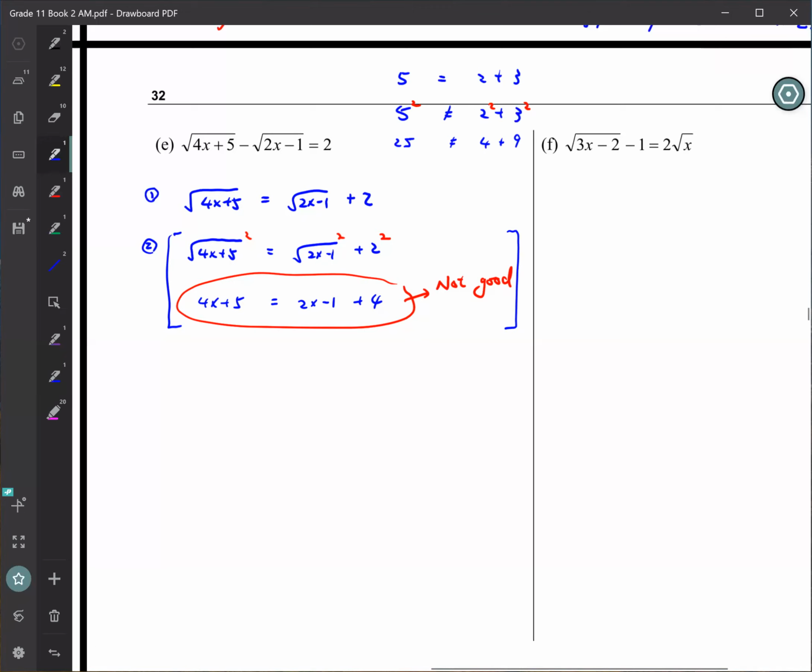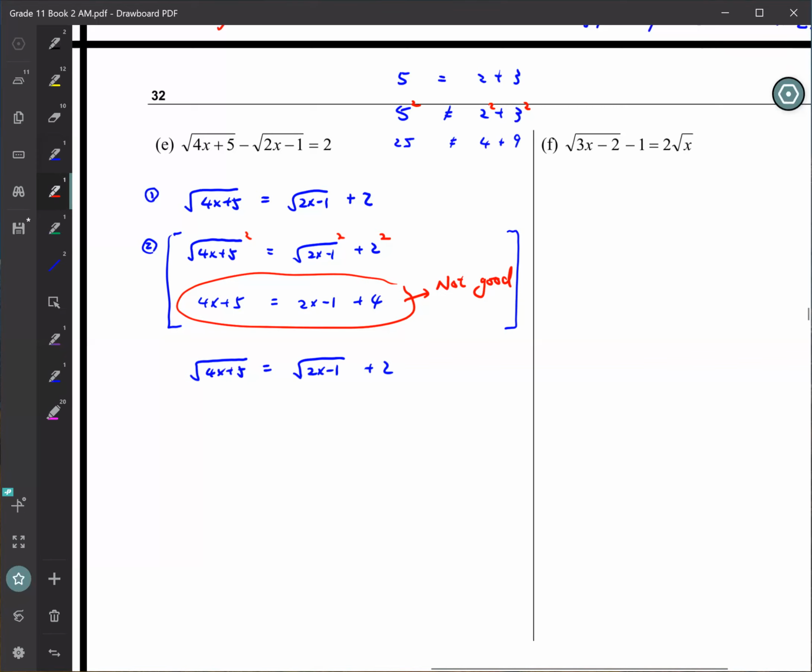So what will be the proper way to square both sides instead? Anyone? Eric, what do you think? How do we square both sides properly? Do you move the other square root over to the left side?